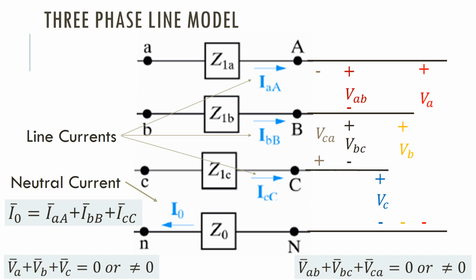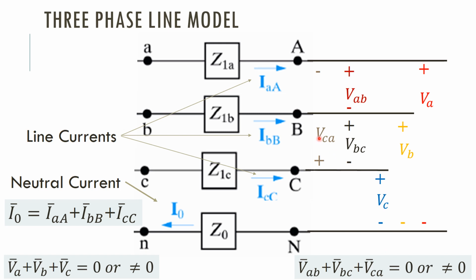Right, we will model this into equations. So the three-phase line model can be given here. With respect to the neutral terminal, the A phase voltage will be VA, the B phase voltage would be VB, and the C phase voltage would be VC.